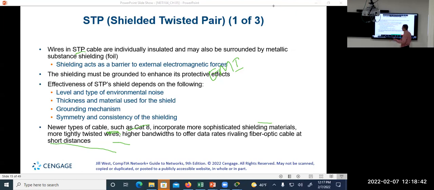The foil or the shielding is a barrier to prevent external electromagnetic force here. Remember, the way it works is the same for UTP and STP. The only thing is that the STP helps you to protect from the external interference here.